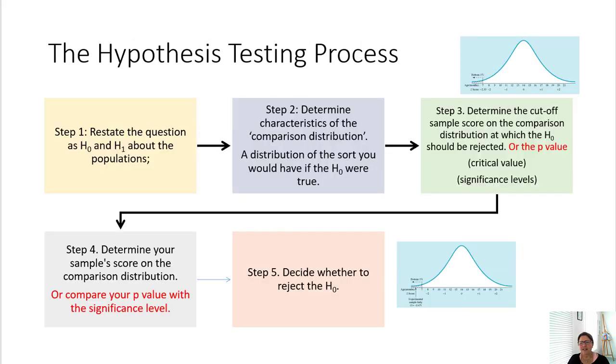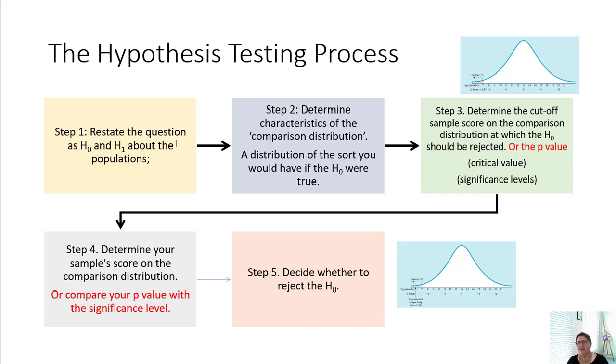Now, again, we have said all the steps, which we said is a systematic procedure. Step 1 is restating the null and alternative hypotheses. In step 2, we determine the characteristics of the comparison distribution. Are we talking about a z-test or a t-test? Because they have different distributions.